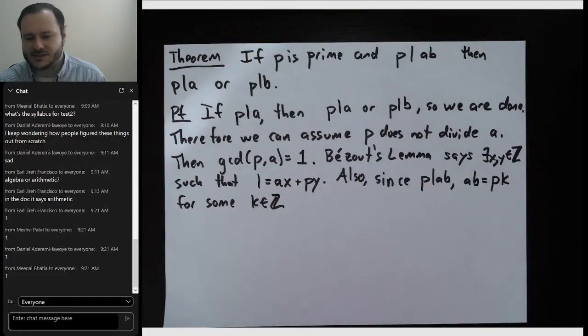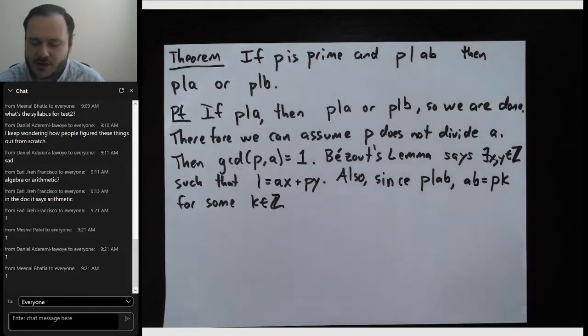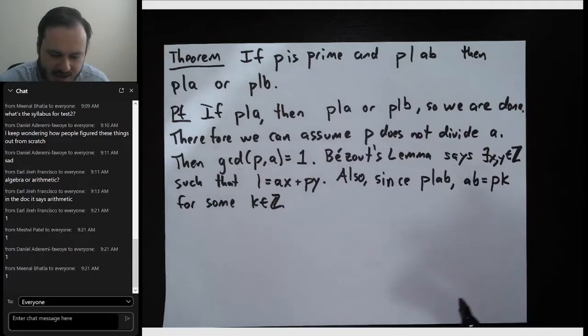Well, I read somebody else's proof, and somebody else came up with this idea. This is why writing proofs takes practice. This is why writing proofs takes some scratch work. You're seeing the finished product. You're not seeing coming up with this idea.